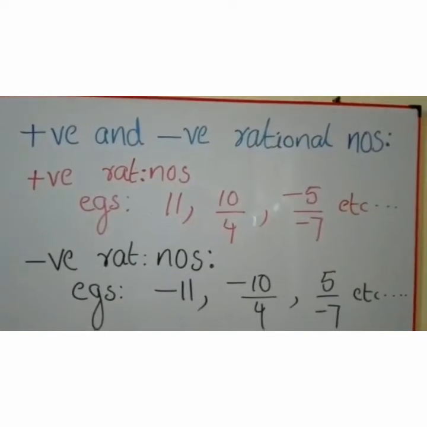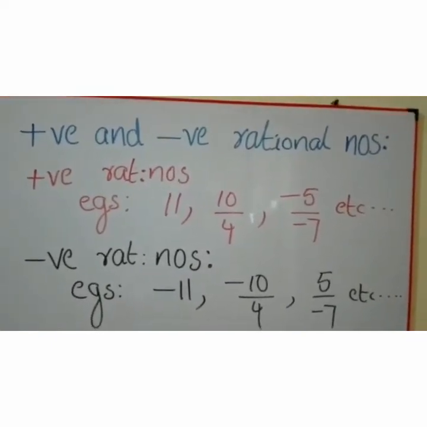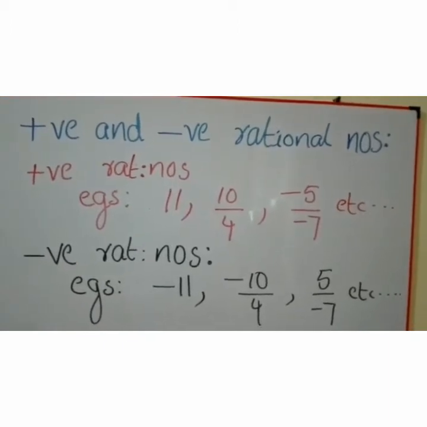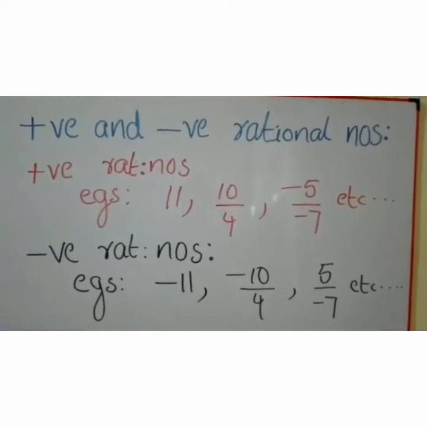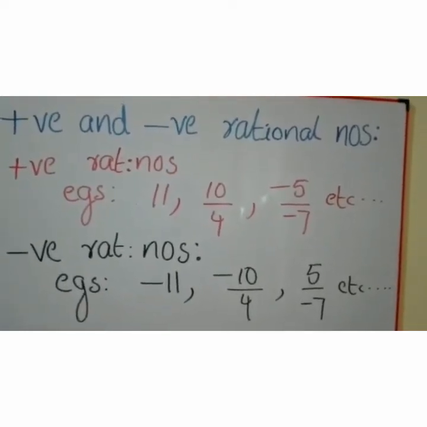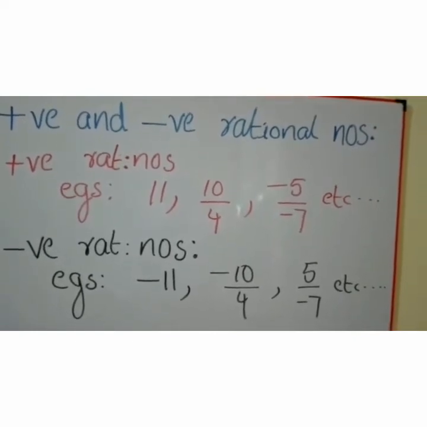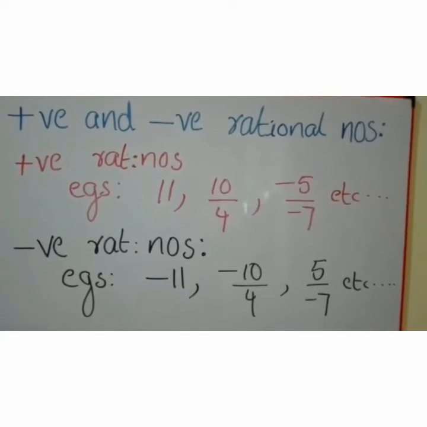Next point is positive and negative rational numbers. Positive rational numbers. In the examples given below, 11. 11 is a counting number and it is positive. Counting numbers are positive. 10 divided by 4. 10 and 4 are positive integers. 10 divided by 4 is a fraction.